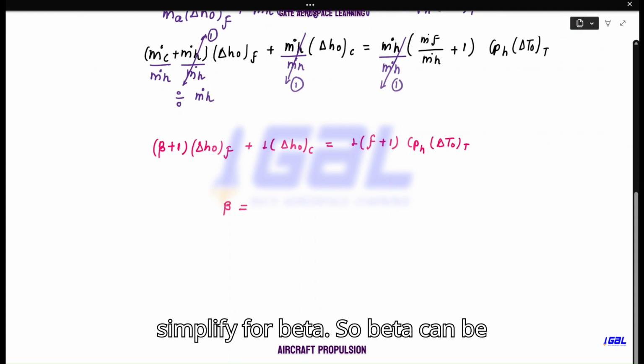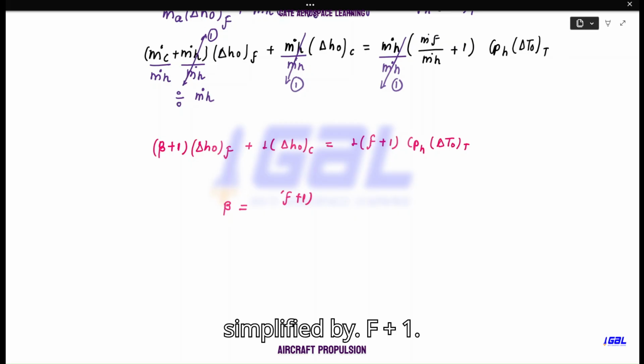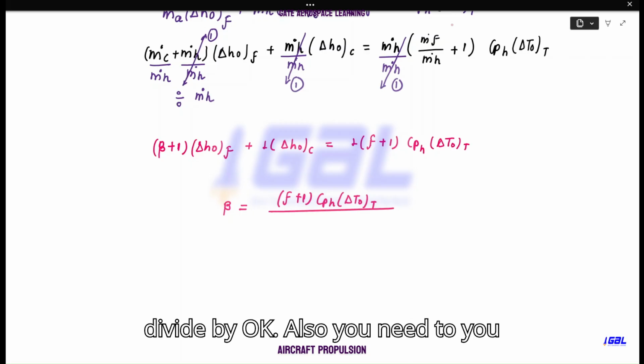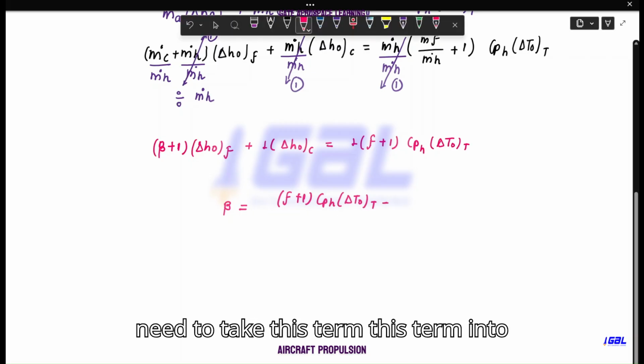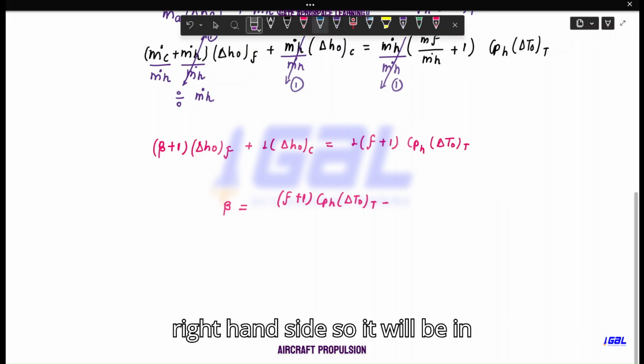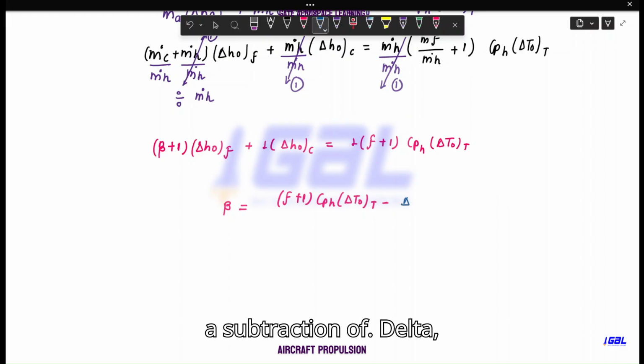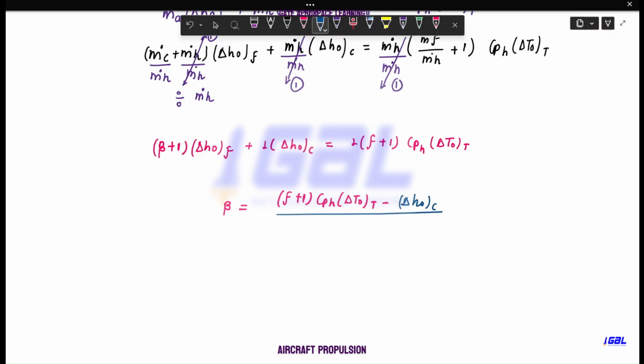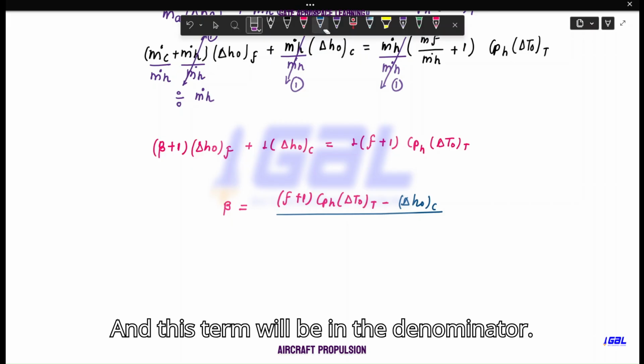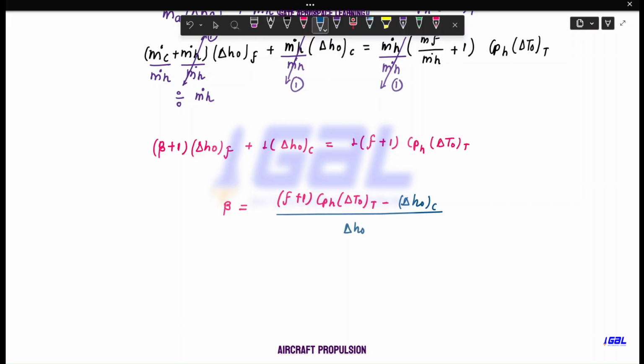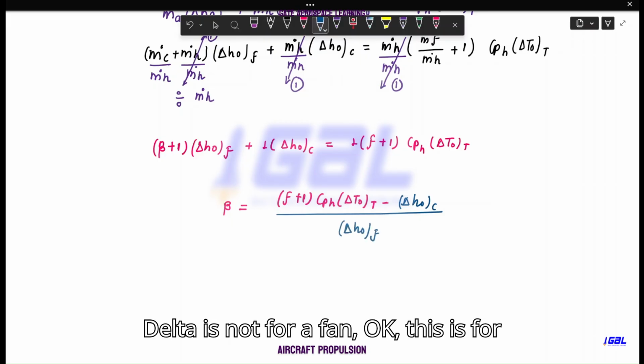So beta can be simplified as f plus 1 cph delta t naught t divided by, also you need to take this term to the right hand side, so it will be a subtraction of delta h naught c, and this term will be in the denominator, delta h naught for a fan. Okay, this is for the fan.